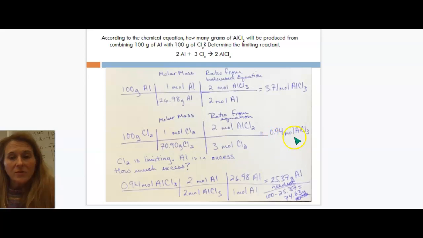Well, what we can do is figure out how much aluminum we actually need so that we don't waste all that extra aluminum. So we can take that limited product and bring it down here.